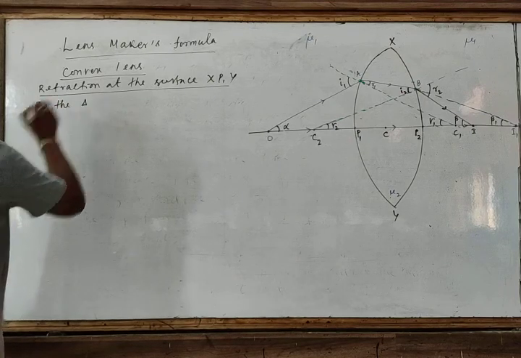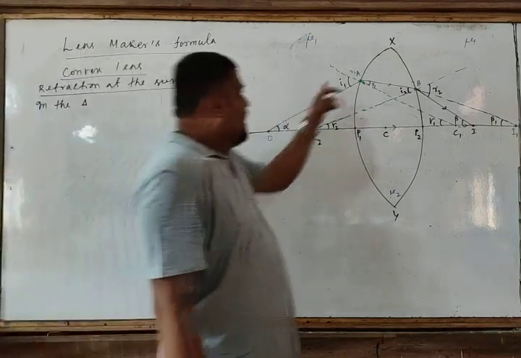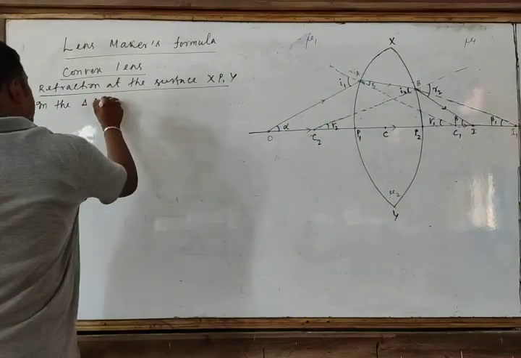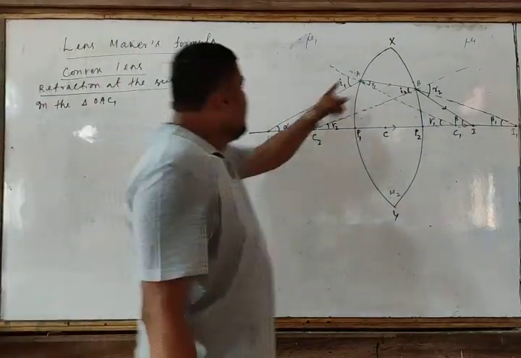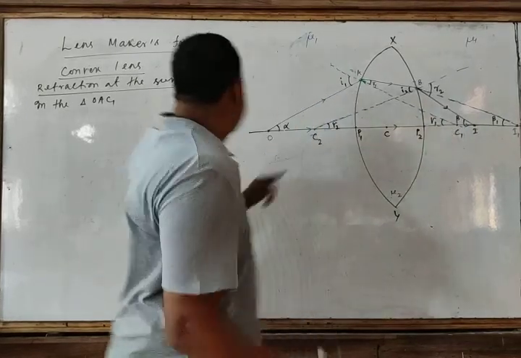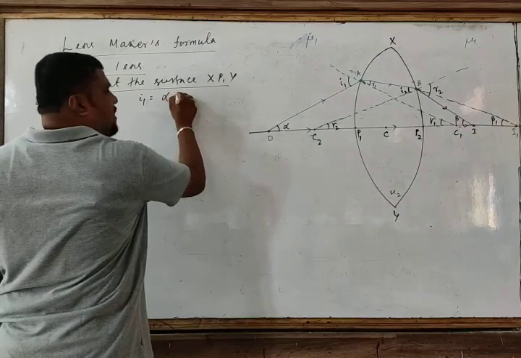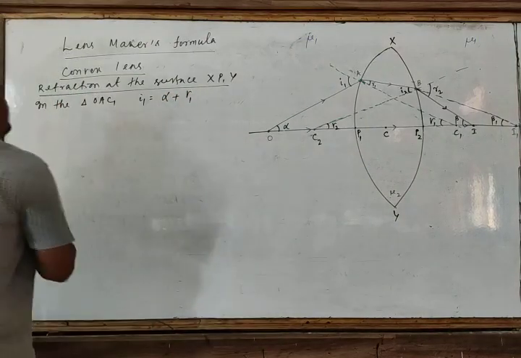So now in the triangle, do the same thing. In the triangle OAC1, the external angle I1 is equal to alpha plus gamma 1.